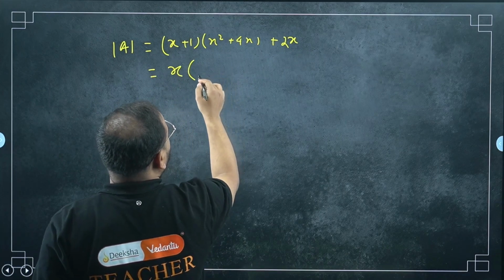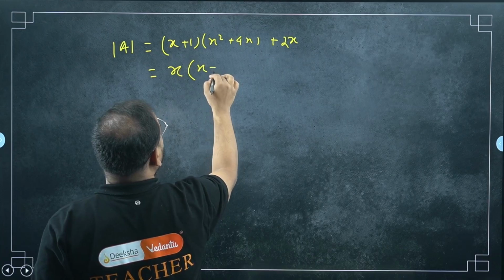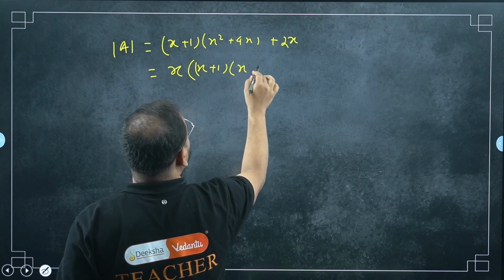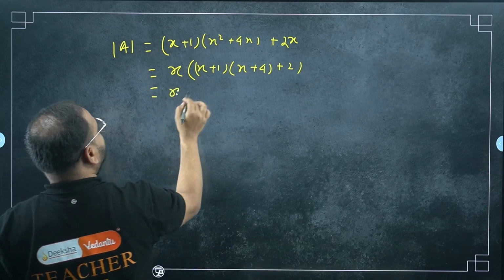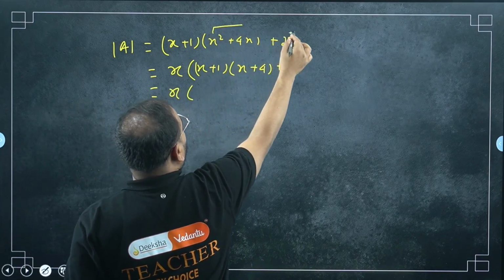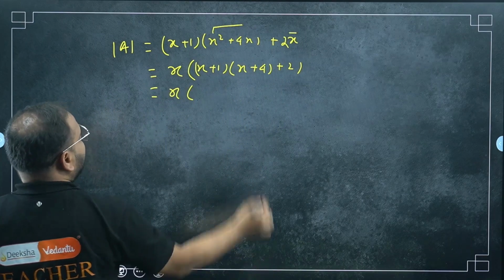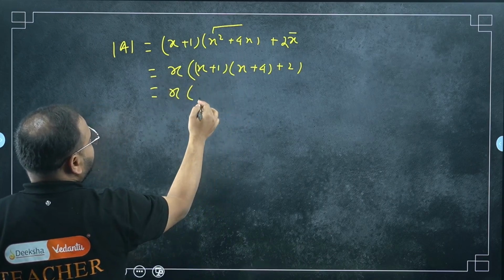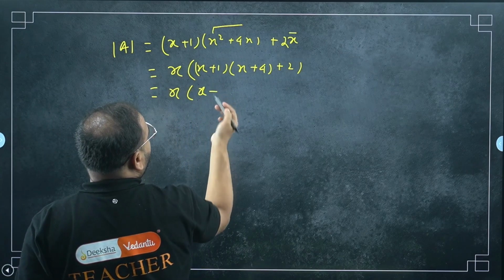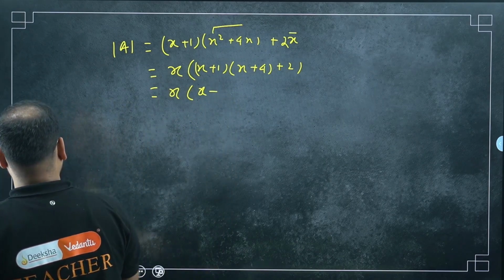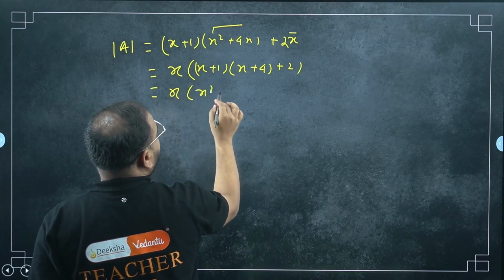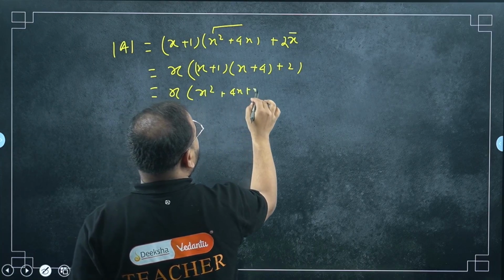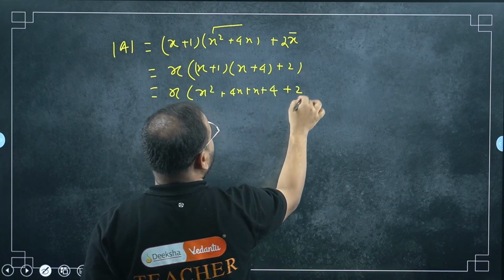If I do that, what is left here? x plus 1. This is simply x plus 4 plus 2. Do the expansion inside the bracket. I've taken x from here and here as common. This is x square plus 4x, no? x times x plus 4. So I have taken x common here. So this becomes x plus, let's do the expansion here. This is x square plus 4x plus x plus 4 plus 2.